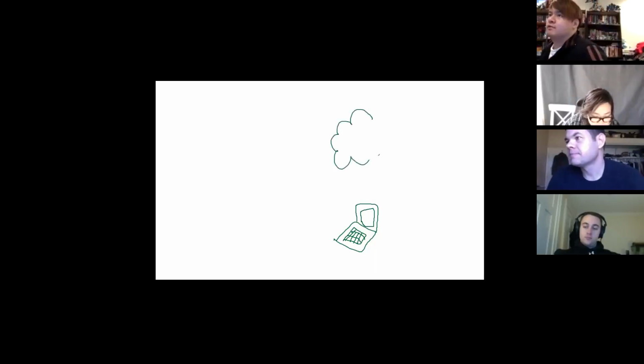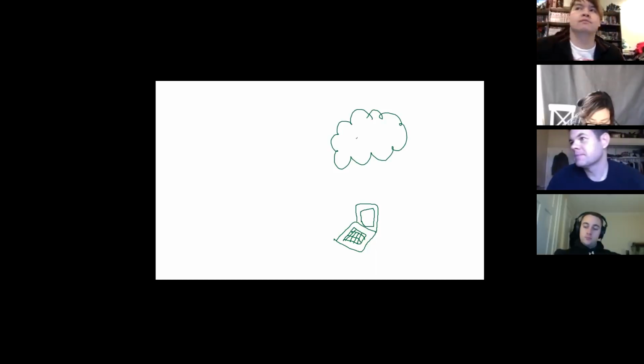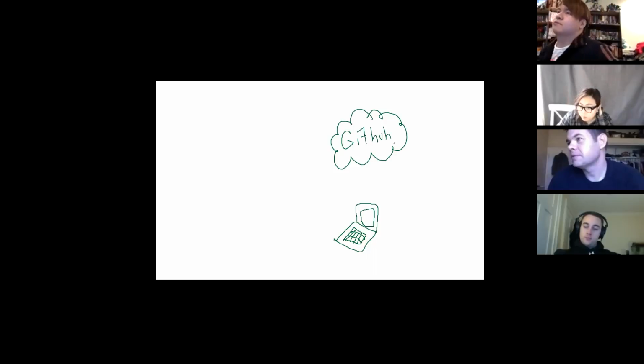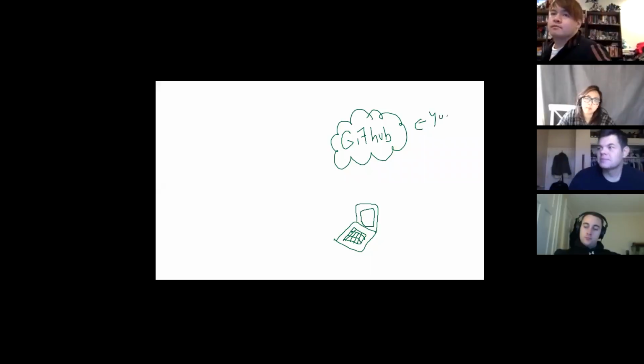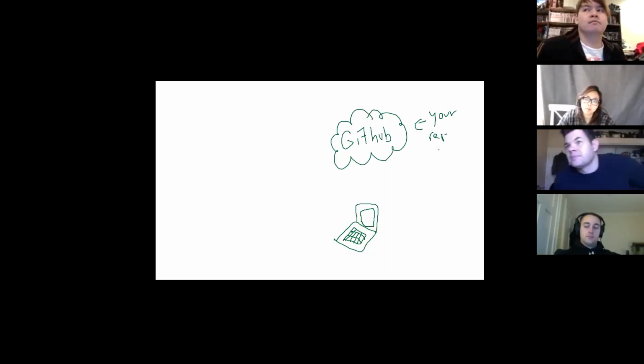Let's just break this down a little bit. I think it's really janky when you talk about the cloud, to make an actual cloud, but I'm very literal. So let's call this GitHub. And this is your repo, or your profile rather. Let's call this where you have all of your stuff.